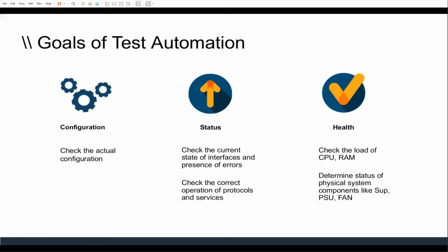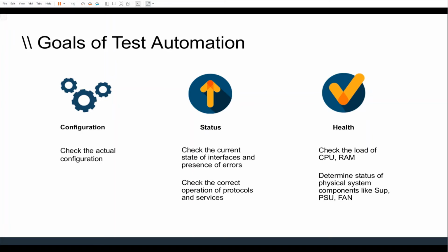If talking about test automation, what might be the goals? On this slide, we will find some examples of what can be achieved by test automation. You can automate configuration by checking that some specific piece of configuration present on device. Also, with pyATS, it's possible to automatically check the current operation state of configured entities and protocols.